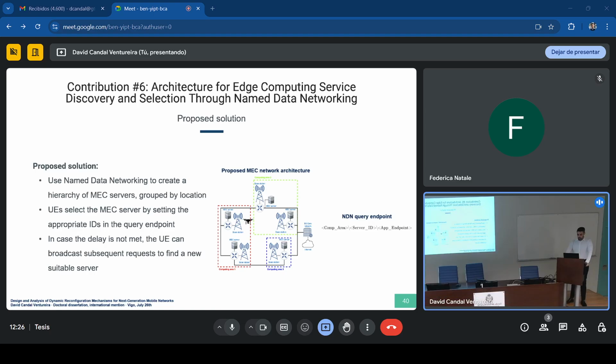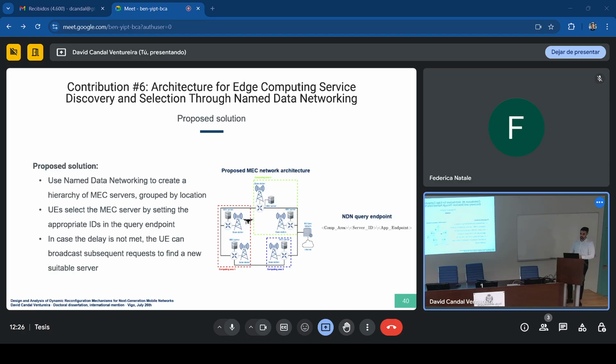The end device will use wildcards in these fields, those related to the server and the hierarchical areas, if it does not know which server it should contact. For example, during the first request. And in this case, the request is broadcast to all edge servers in the selected area, if any.